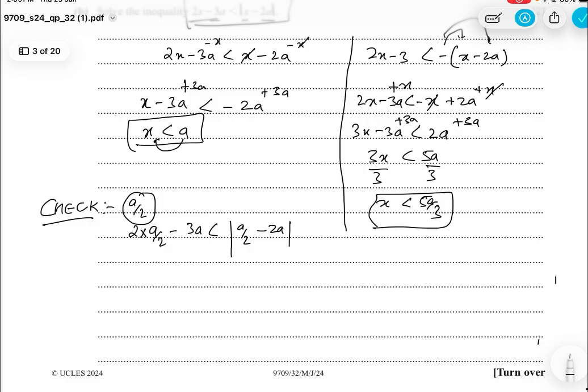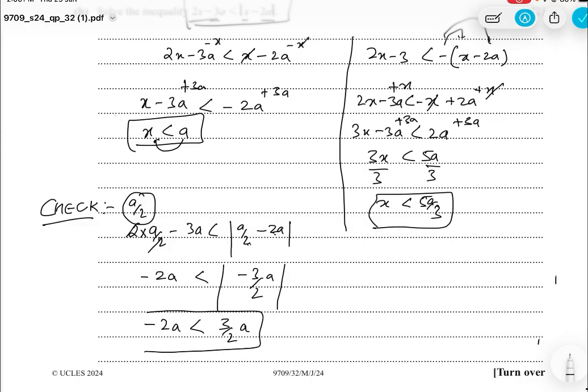Now let's check if it is true or not. This would be negative 2a is less than, this would be 2 times 2 is 4, negative 4 and negative 3 by 2a. This would be negative 2a is less than negative 3 by 2a. Is it true or not? Yes, sir, it is true. All right. So this satisfies.